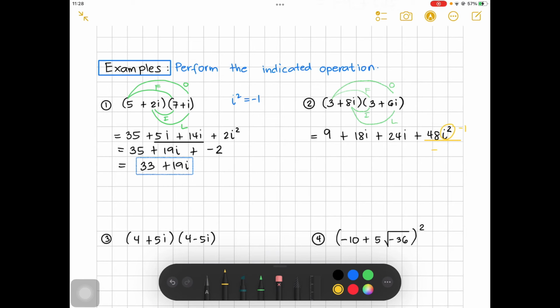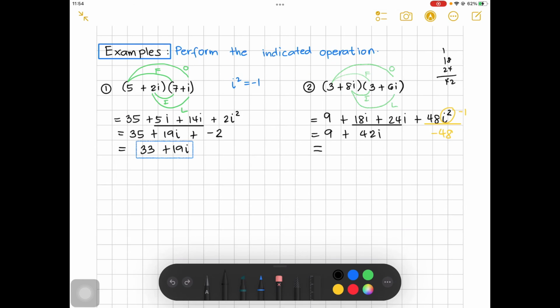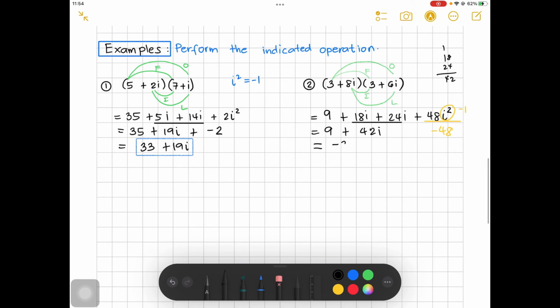Therefore, this is equal to negative 48. We continue simplifying. 18i plus 24i, we have 42i. 9 minus 48, we have negative 39. And we add 42i.